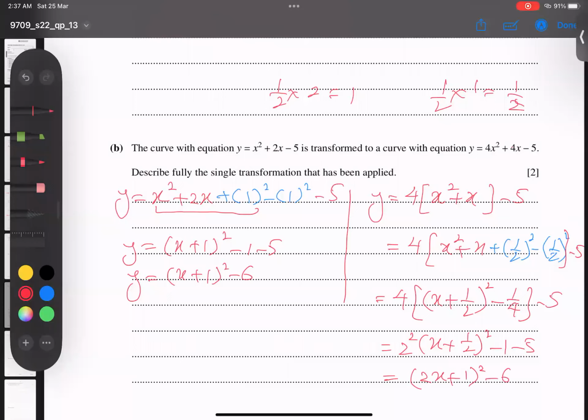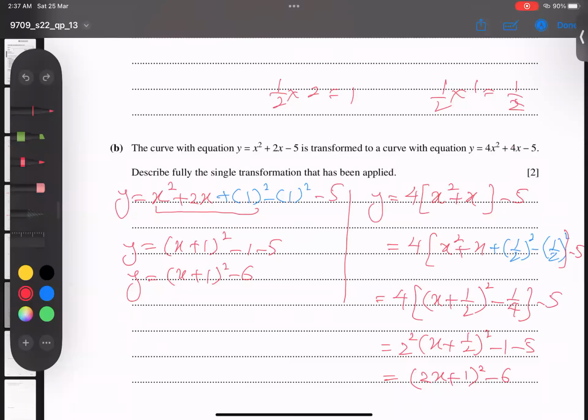Now if you compare this equation with that equation, you can see that this -6 is matching and this +1 is matching, and this x is replaced by 2x. And you know it very well when we multiply x inside.